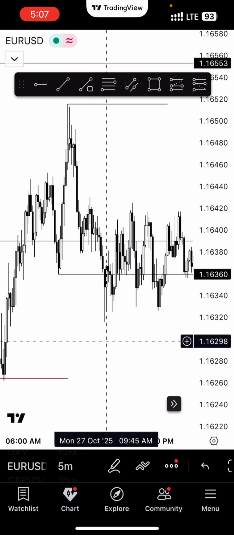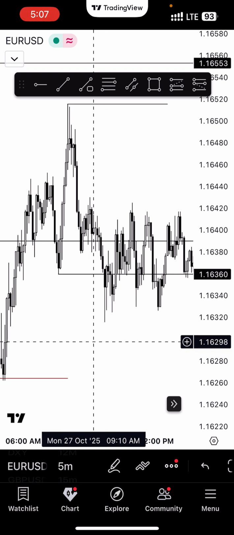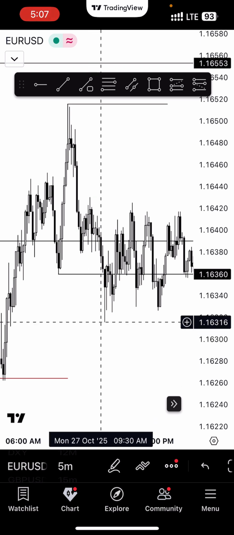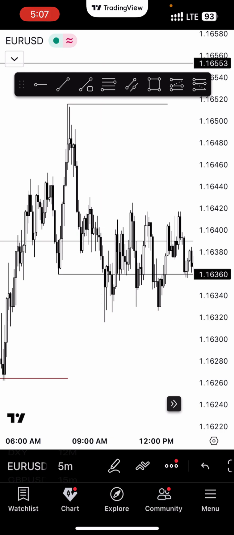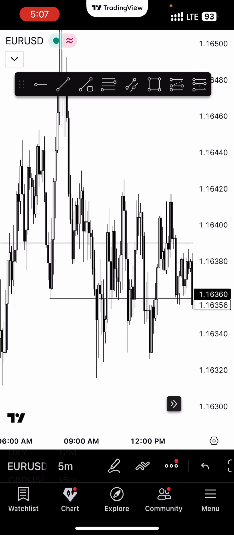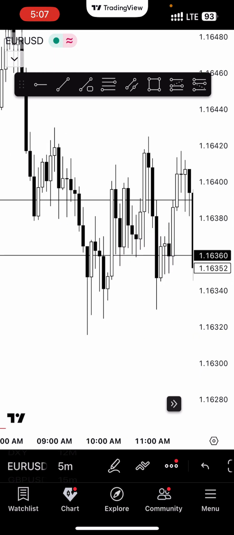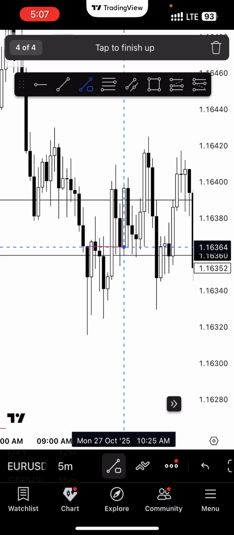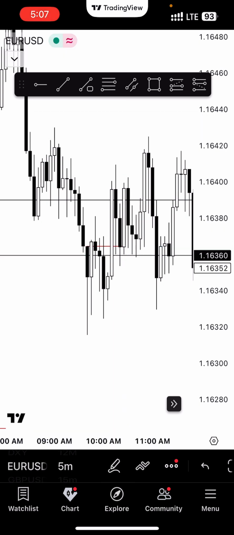Price purged this low by 9:40, and we have pre-manipulation time, which was 9:30 right here. And then price came, swept the low, and gave me another entry on the 5 minutes time frame. And I took this entry right here.